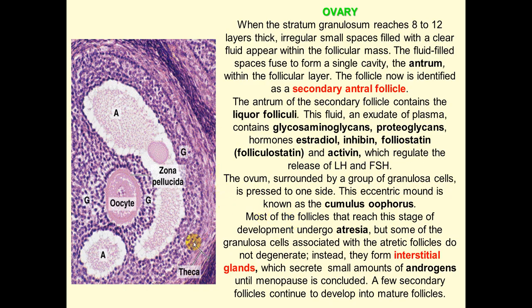At this stage, very often the follicle can undergo atresia. Atresia. What does it mean, atresia? Generally, it is death of the follicle, and most of the growing follicles undergo atresia, more often at the stage of the antral follicle.